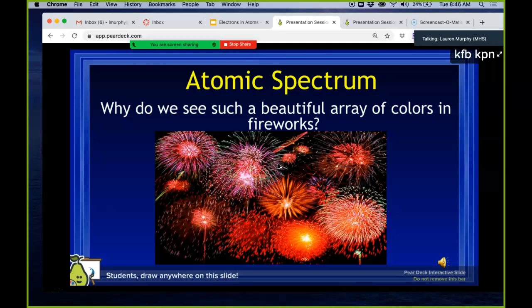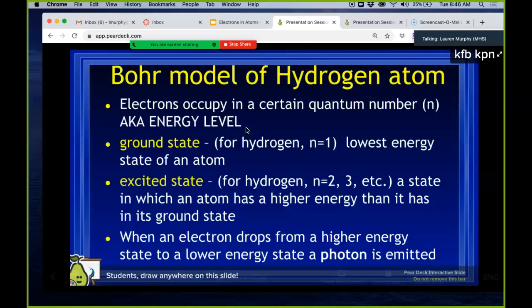Visible light is a form of radiation. It's called the electromagnetic radiation spectrum. So it's not harmful radiation. There are lots of metals that actually burn beautiful colors, and that has everything to do with how the electrons are excited and then released in an atom. And that's what we're going to go into today, okay?